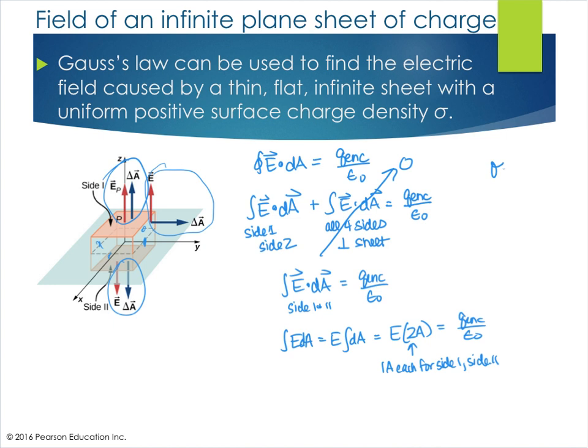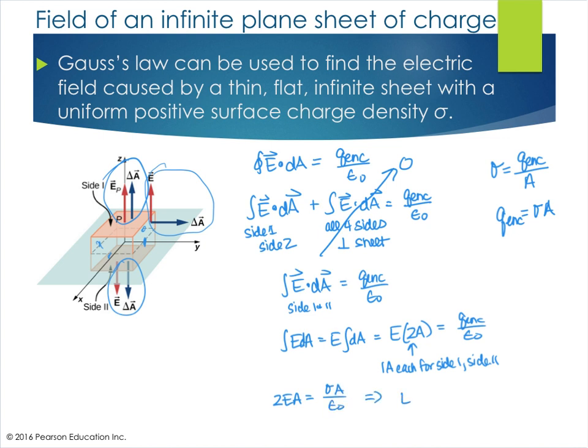Now, finding the charge enclosed has to do with the definition of the surface charge density, which is sigma, which is charge over area. So the charge that I enclose in my Gaussian surface will just be given by sigma times that area. So I have 2EA equal to sigma A over epsilon naught.